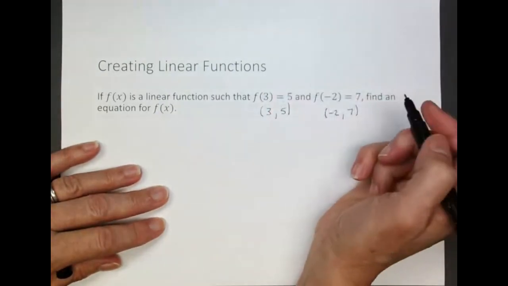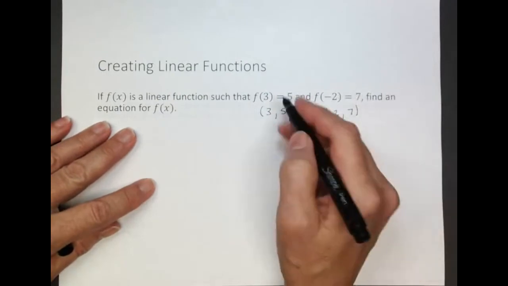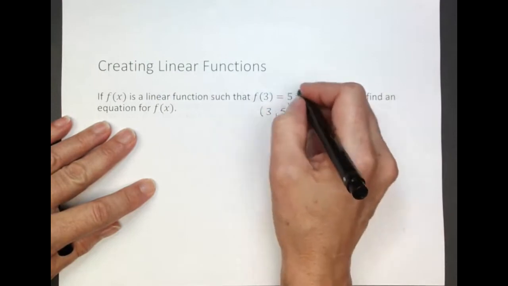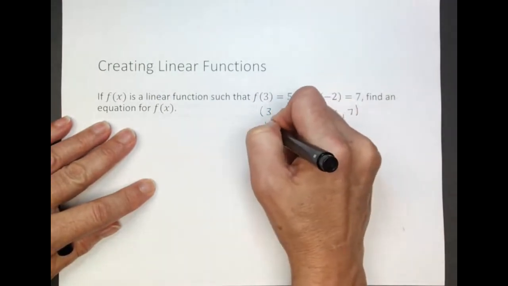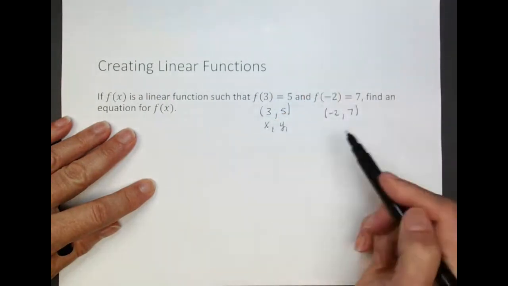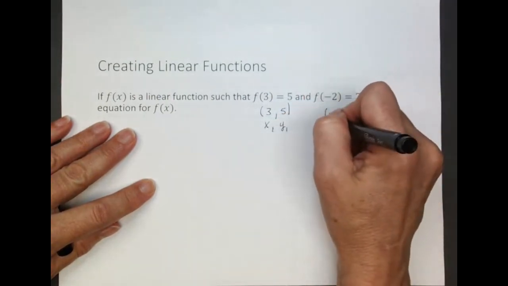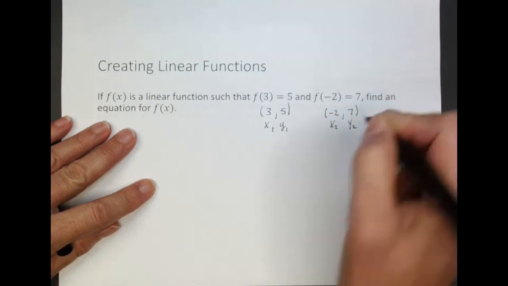I don't really need to graph this, though, to find the equation here. I can consider one of these points, point 1, and the other one, point 2. So then I'll say, let's say this ordered pair 3, 5 is going to be my x1 and my y1. Okay, and then this negative 2, 7 will be my second point. So negative 2 will be my x2, and 7 will be my y2.